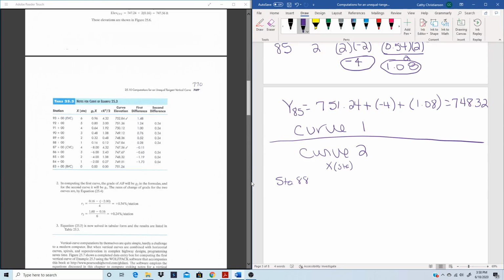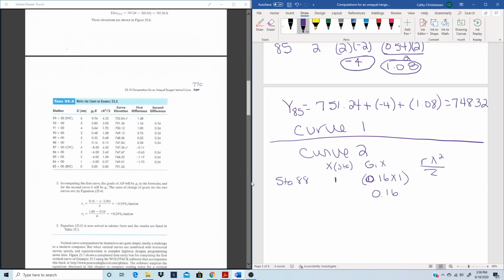From 87 to 88 is 1 station, and then G1 times X, so let me write the grade, 0.16 times 1, that's going to give me 0.16, and then R x squared divided by 2.